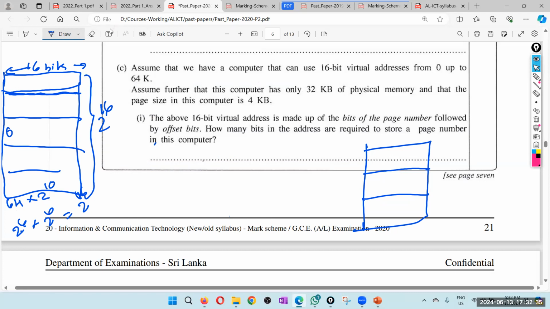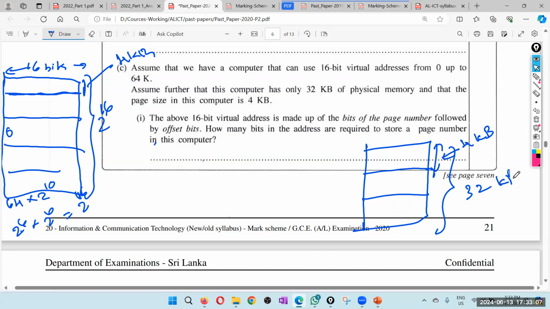So if you take this page, it's 4 kilobyte. Or if you take this one, its capacity is 4 kilobyte. And full capacity is 32 kilobyte.